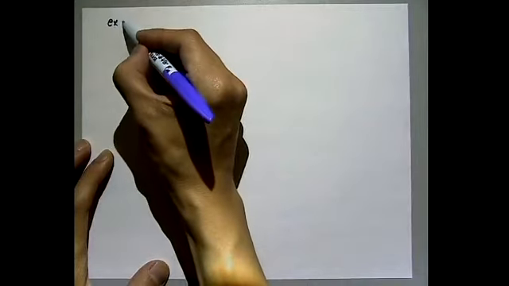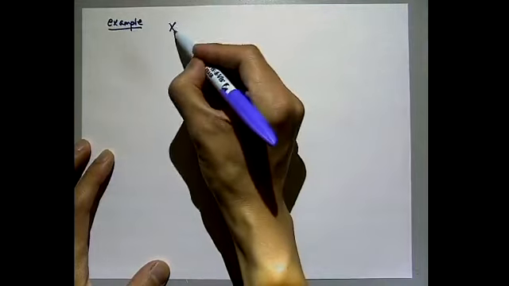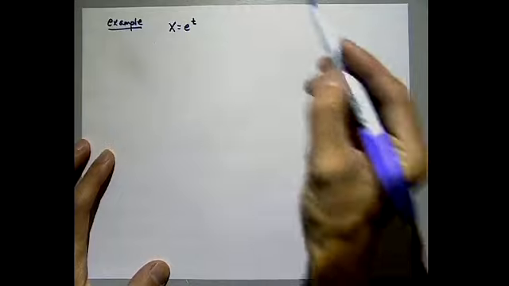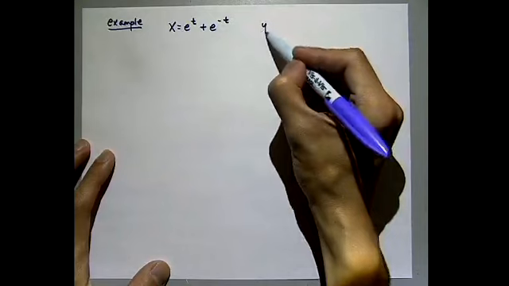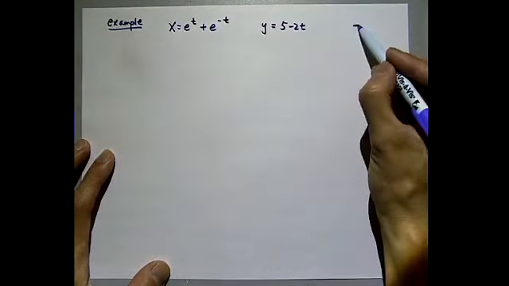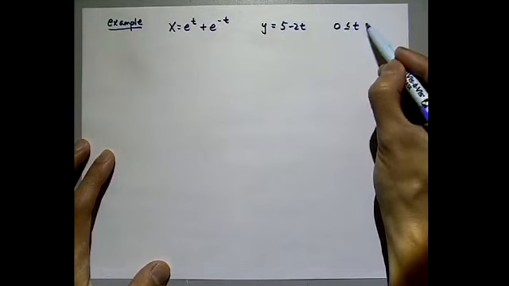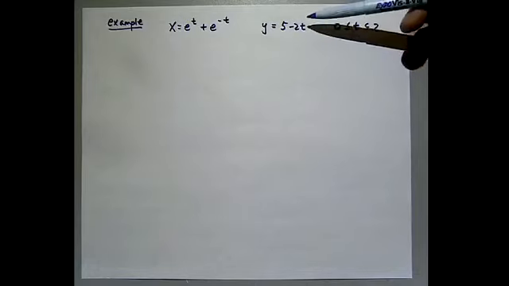All right, so let's try this on something. Let's find out how long this curve is when x is expressed as e to the t plus e to the minus t, and y is 5 minus 2t.